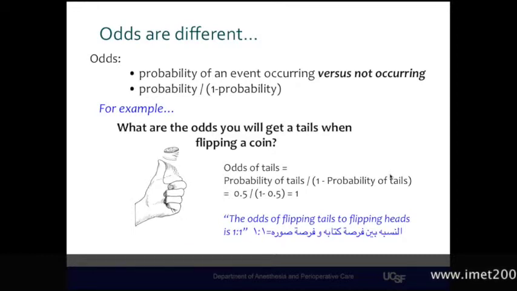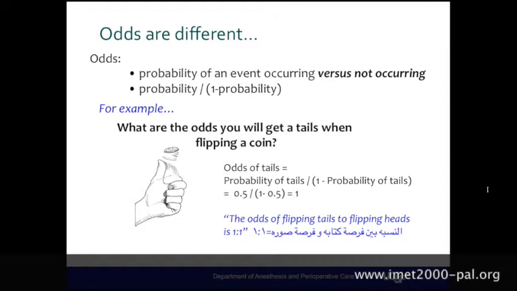Now, odds are a little bit different. Odds are the probability of an event occurring versus not occurring. So this is actually the probability divided by the inverse of the probability. So what are the odds of getting a tails flipping a coin?